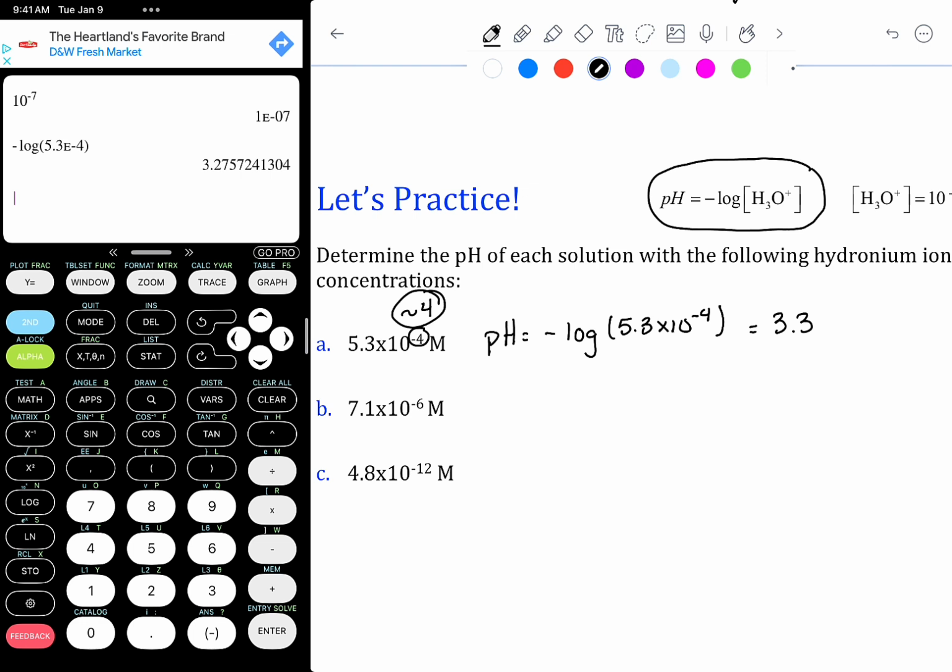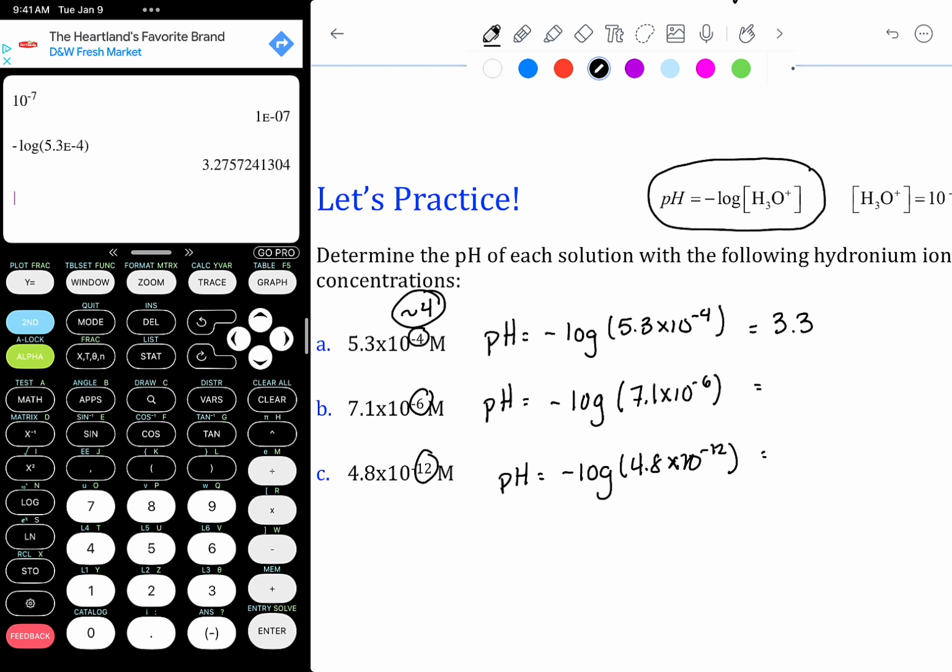The setup for these is the same. pH is just equal to the negative log of that concentration. Again, we should be around 6 and around 12 for each of these, give or take 1.